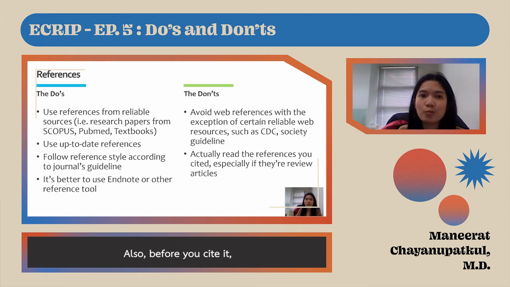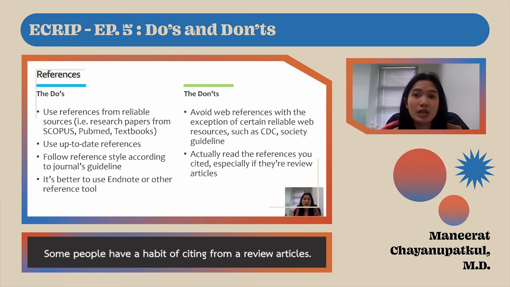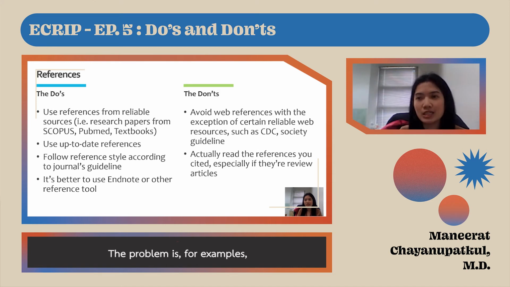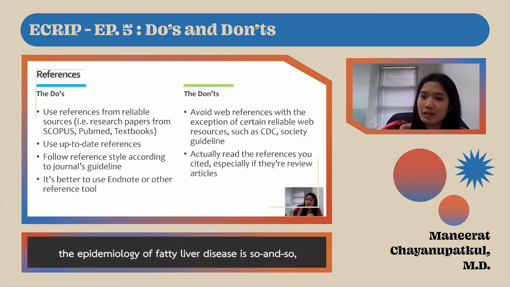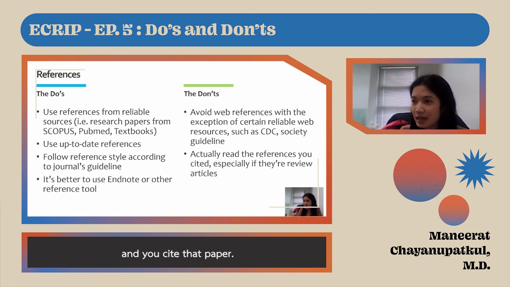Also, before you cite it, make sure you actually read that reference. Some people have a habit of citing from review articles. The problem is, for example, I read this review article and they say the epidemiology of fatty liver disease is so and so, and you cite that paper. It's not always the right thing to do.